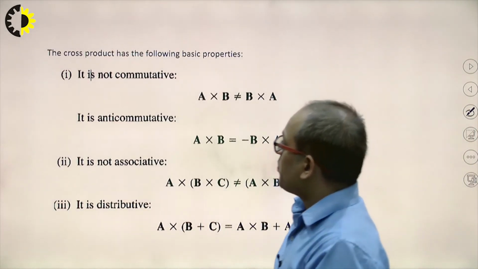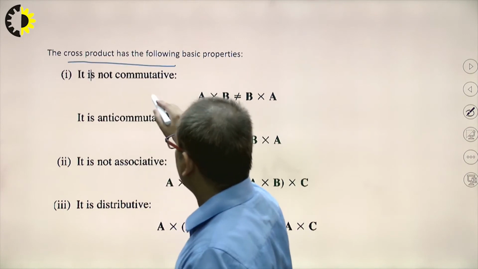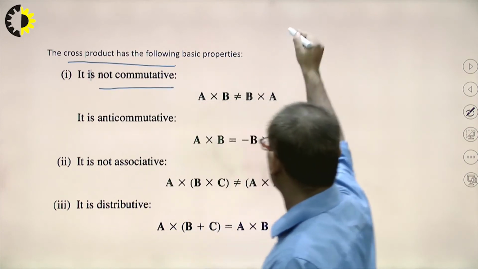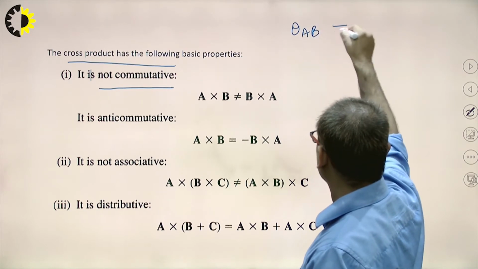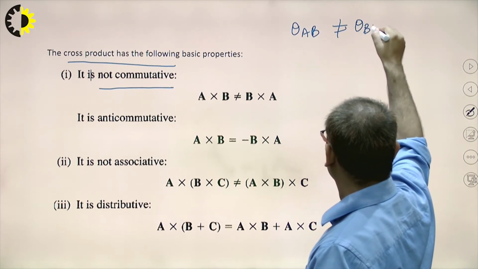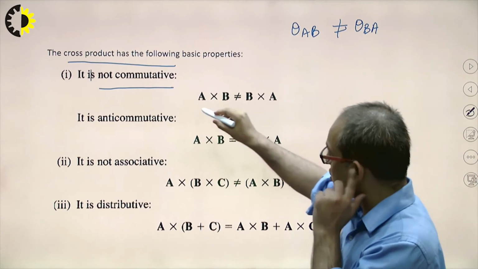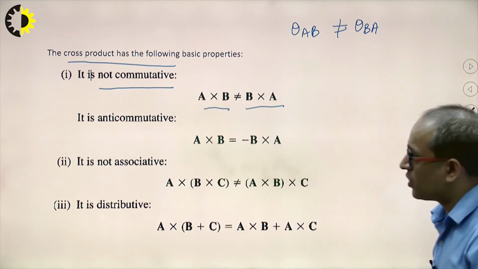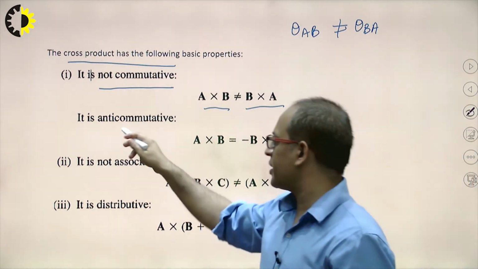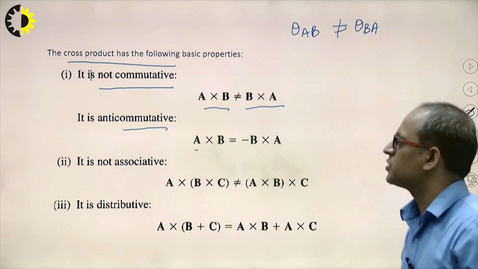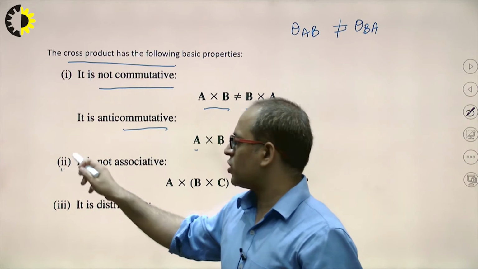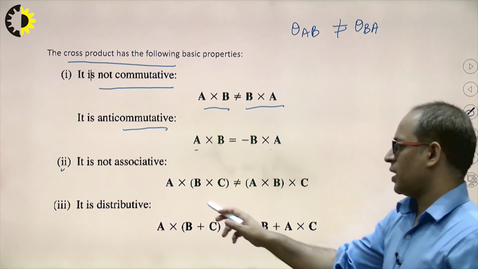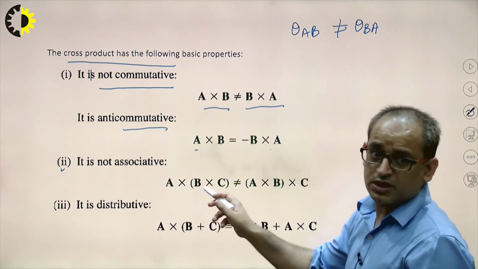Now these are the properties of the cross product. First, it is not commutative, because theta AB is not equal to theta BA. That's why A cross B is not equal to B cross A. It is anti-commutative. A cross B is equal to minus B cross A. Another one is it is not associative, means I cannot open this bracket as it is.